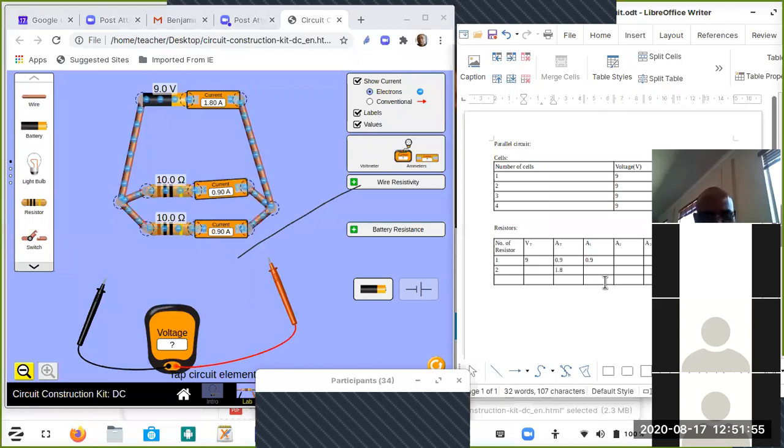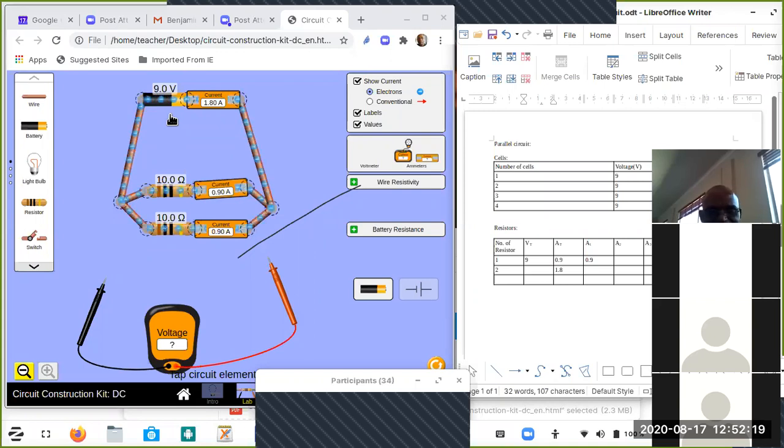Then what is the total voltage supplied? What is the voltage produced by the source of electricity? 0.9. Thank you. Sorry, it's what?